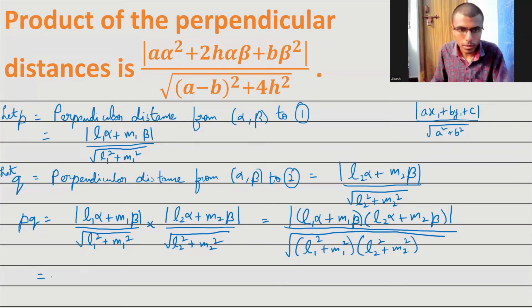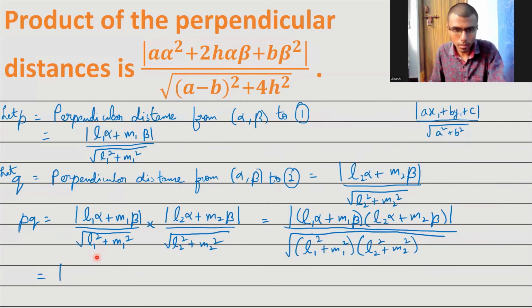Now what I'm going to do is start multiplying. I'm going to multiply slowly, in detailed steps. So don't worry, you will get a clear cut explanation. So L1 alpha into the first bracket plus M1 beta into this bracket.